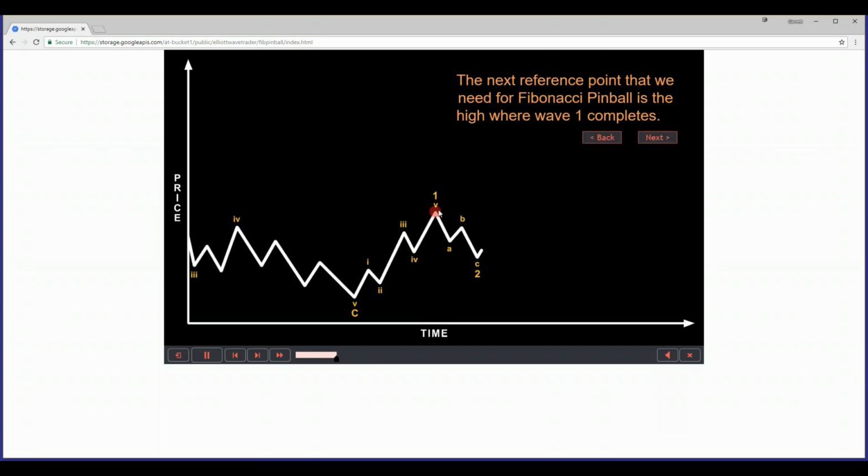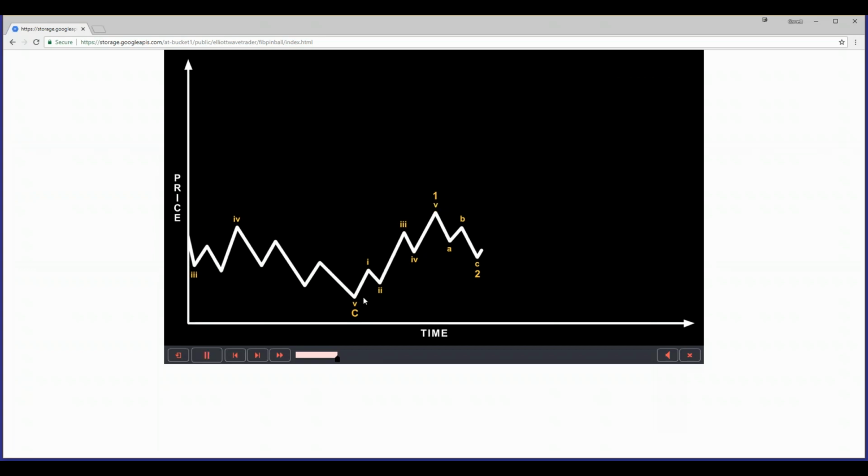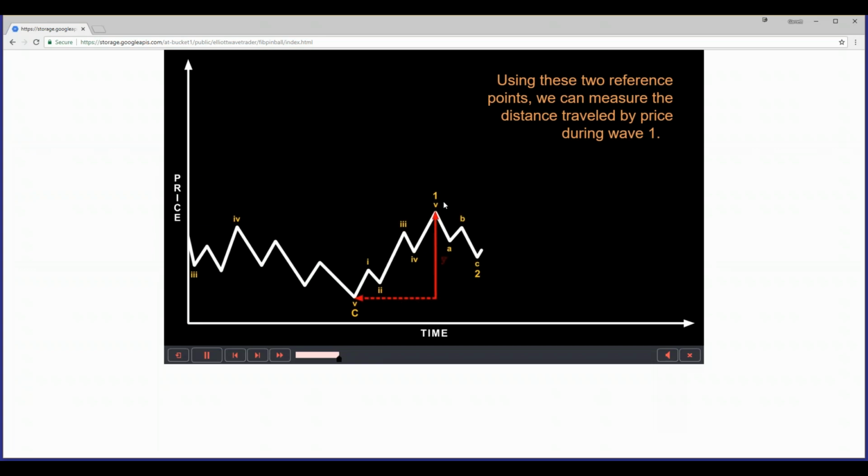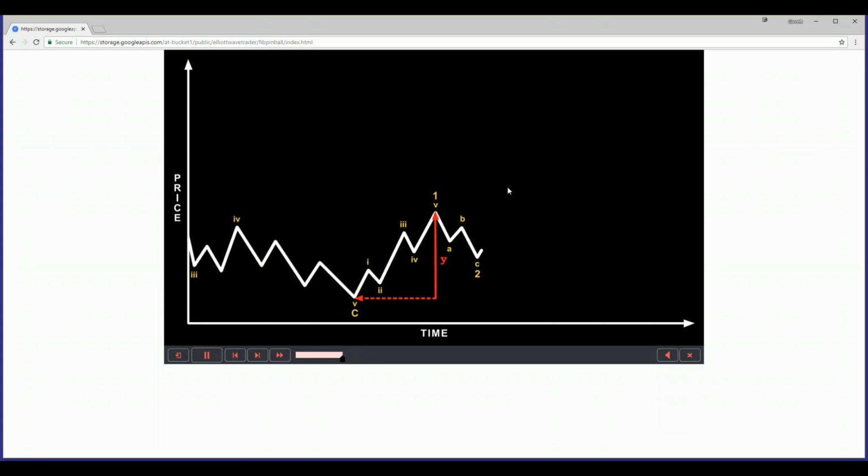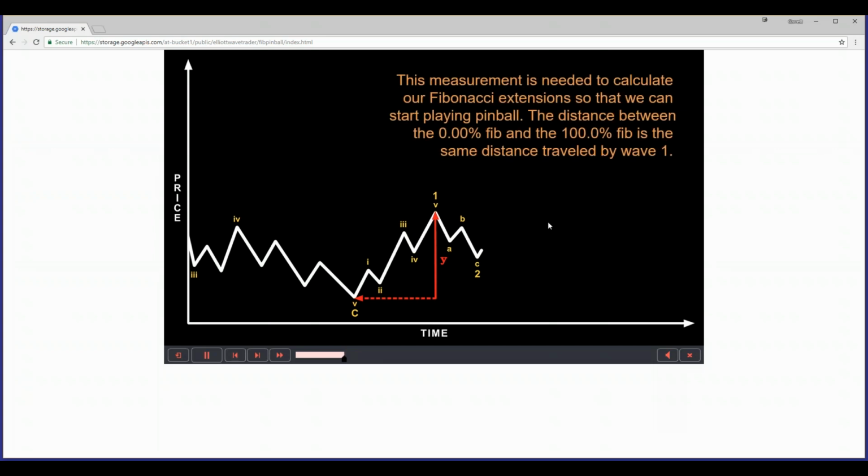After the 5 waves up off the low finishes and we turn back down on the corrective wave 2, that is our second reference point. So we're taking the swing low and the swing high, measuring the distance traveled by price, not time, just price, during wave 1.